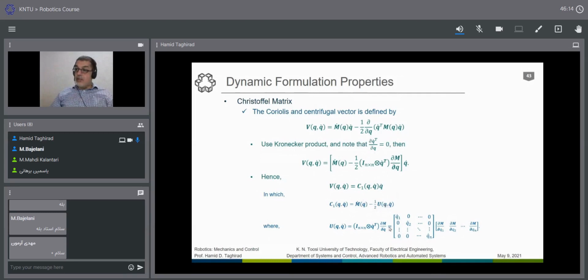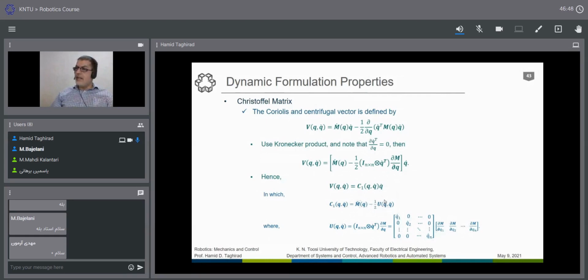And this term is basically Q dot times the partial derivative of M with respect to Q. So here, we need a time derivative and a partial derivative. This comes from the time derivative, and this comes from the partial derivatives. And we can find the C1 here as the first Christoffel matrix, and the Q dot is just factored out from this matrix. This is not the best, this is the first representation.